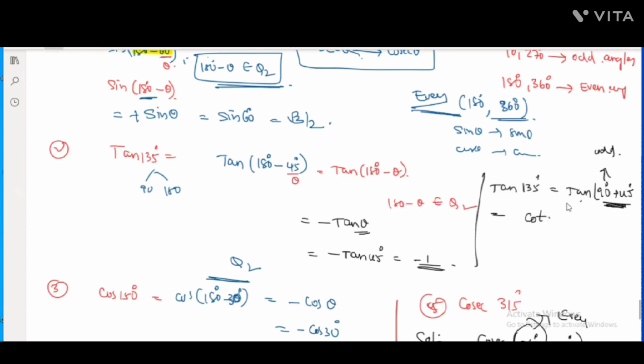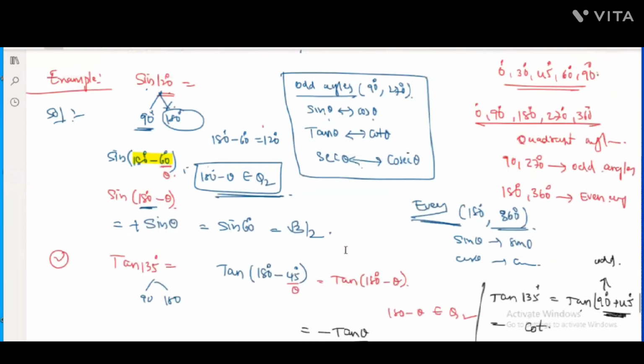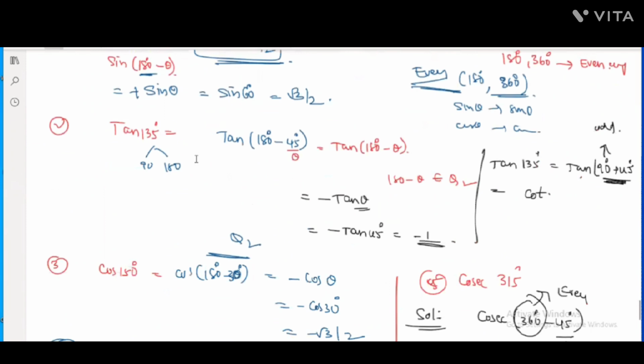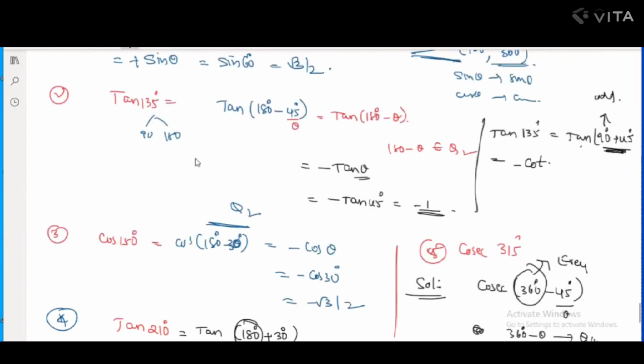And 90 plus theta belongs to the second quadrant. In the second quadrant, tan is negative. So minus cot 45 degrees. The final answer will be the same, but when we take odd angles, the trigonometric ratio should be changed to its co-ratio. This is how we can solve it.